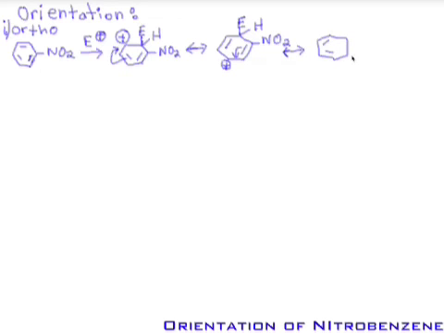If I do that, oops, let's draw the electrons in the right place. Still have E and H. Oh, it helps if you draw the ring correctly. There we go. Don't change the orientation of your ring.